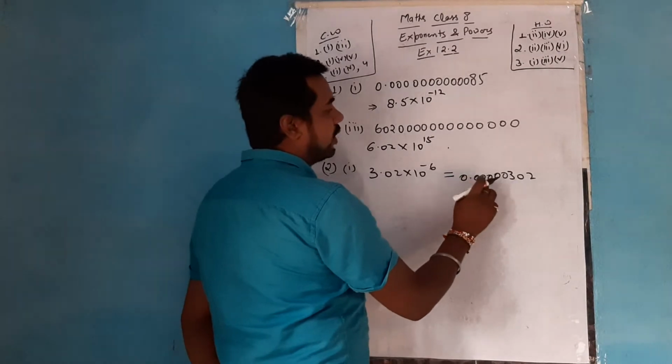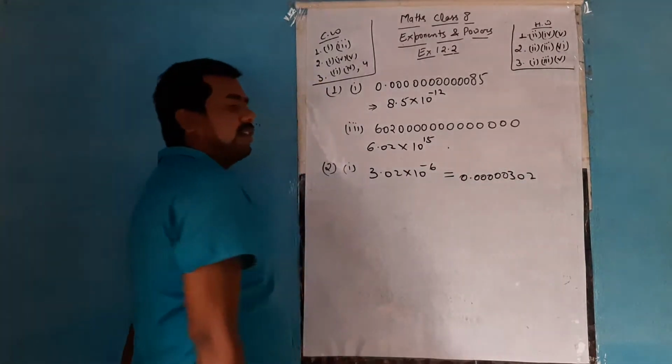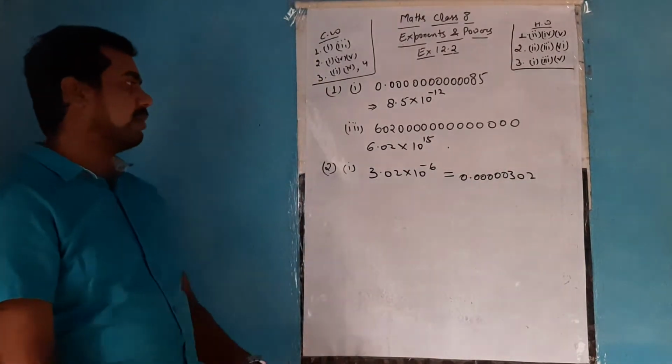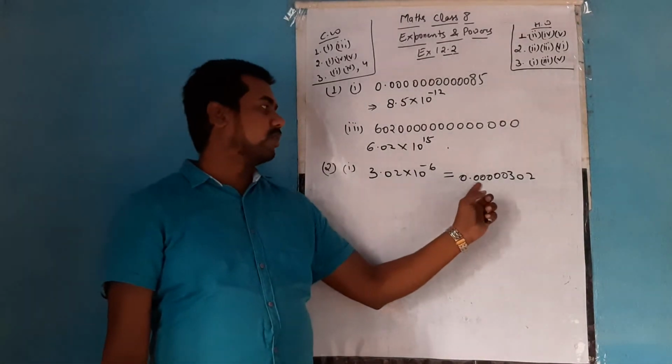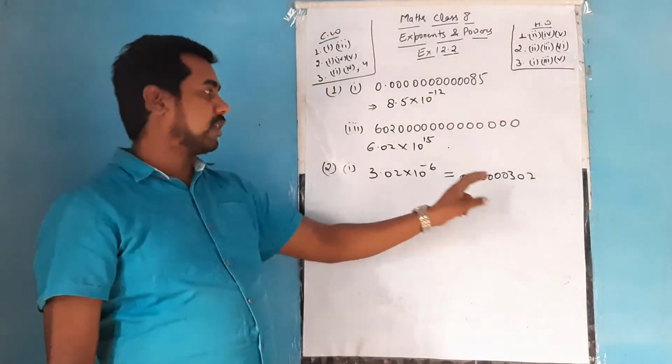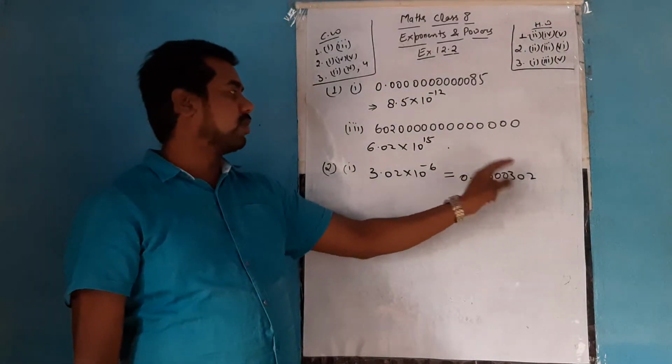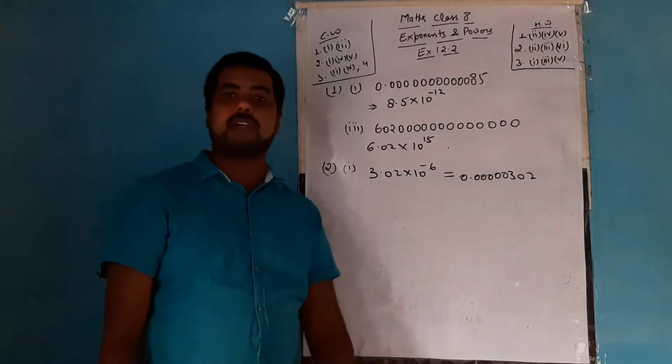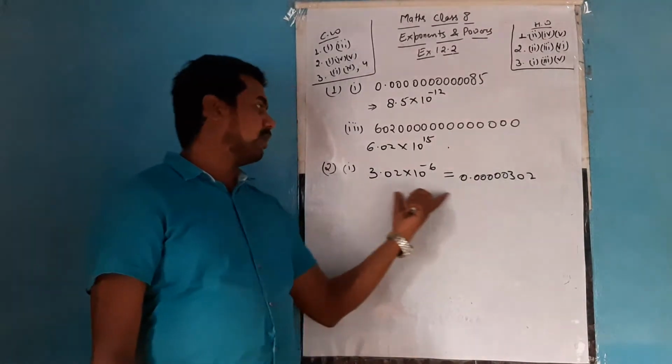So 0.00000302. The decimal is shifted from here to before 3, and the answer becomes this way. So this is the expanded one.